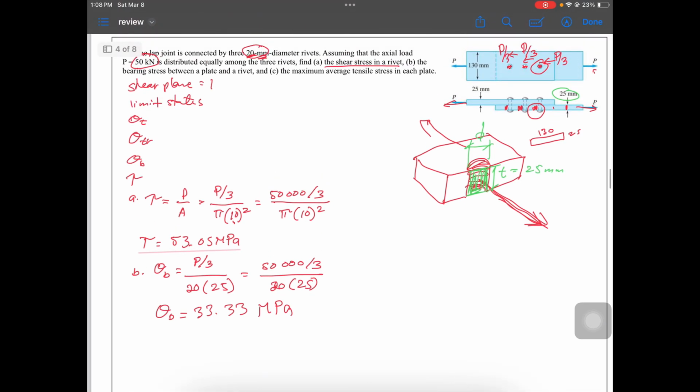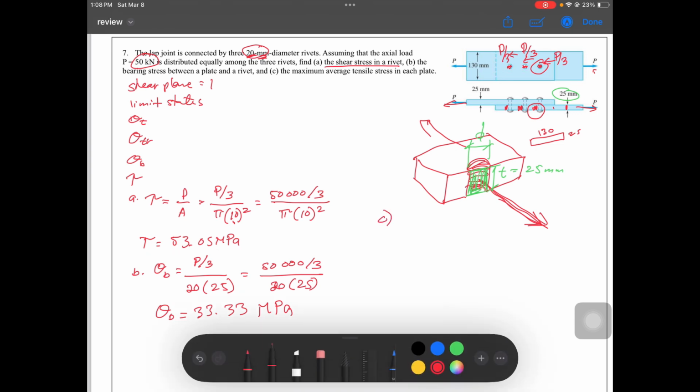So, letter C, pinapakuha niya yung maximum average tensile stress in each plate. Dalawa ang pang-check natin ng tensile. May yielding at may rupture. So, unahan natin si tensile yielding, P over A. Ano ang P natin? Since nangyayari ang tensile yielding sa plate, dito nandito yung force, will cause tension, tensile yielding sa plate. So, ano yung area na yan?